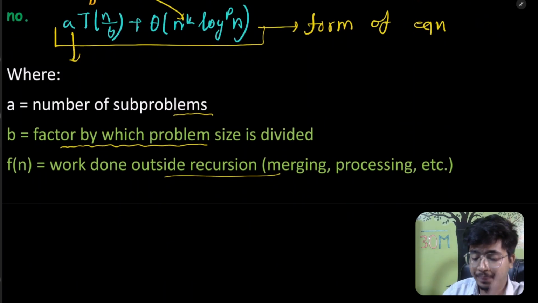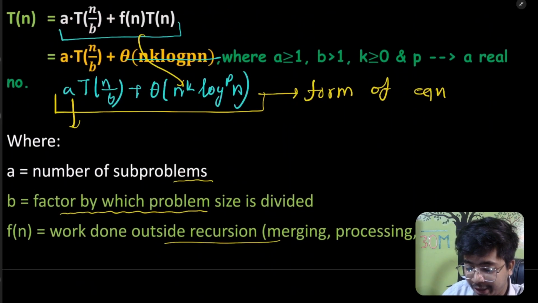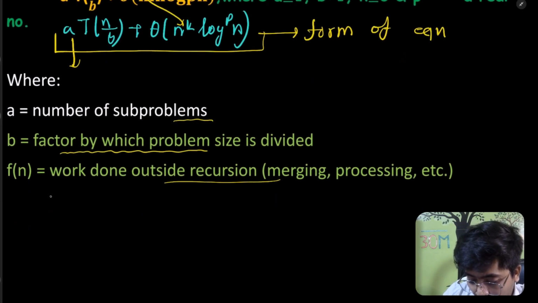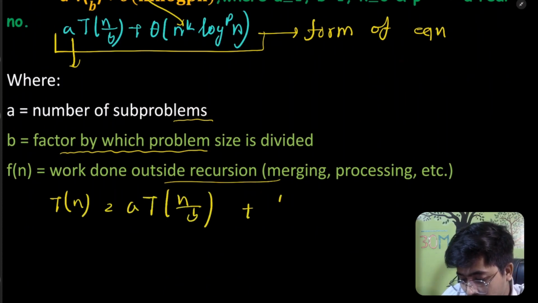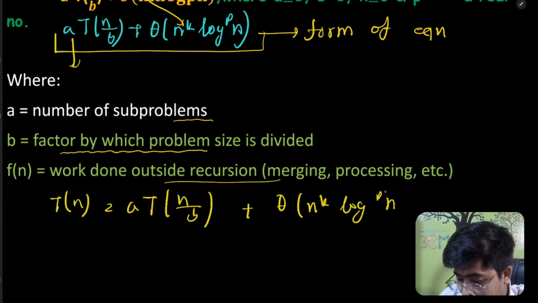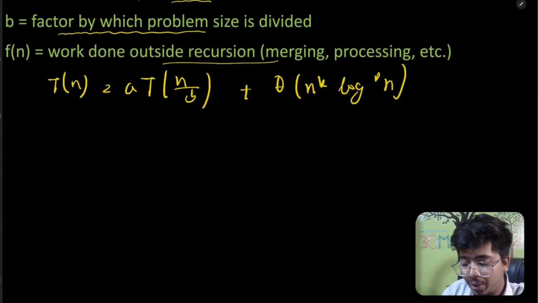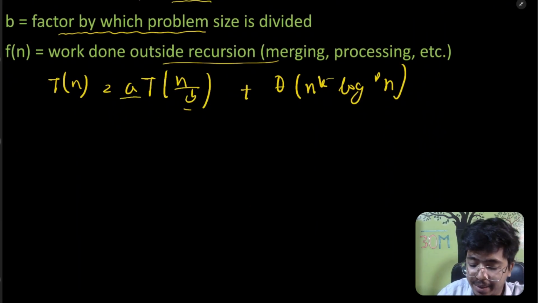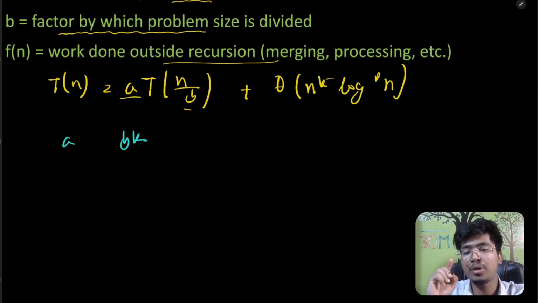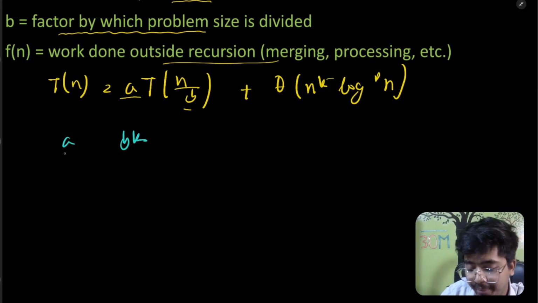So note a, b, k, these are the factors, and by comparing the value of a and b to the power k, we will have three types of solution.